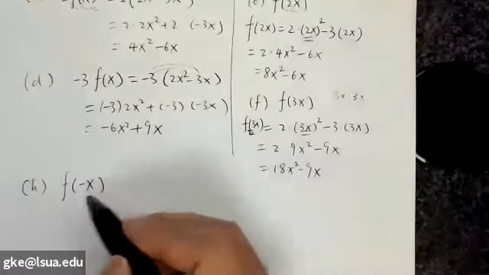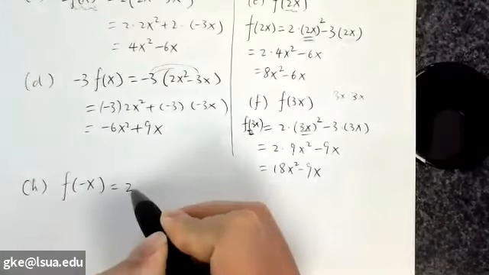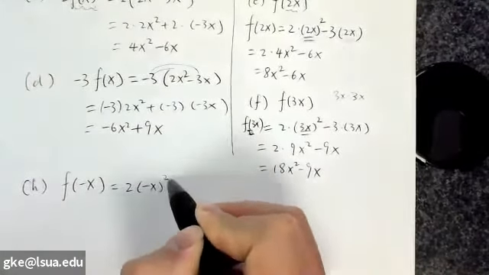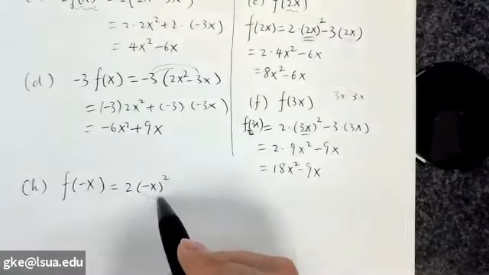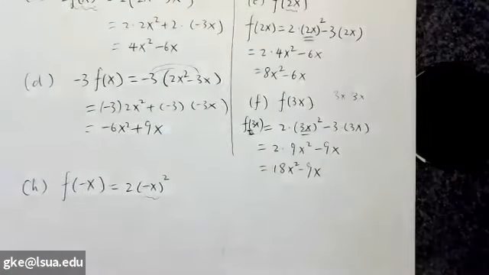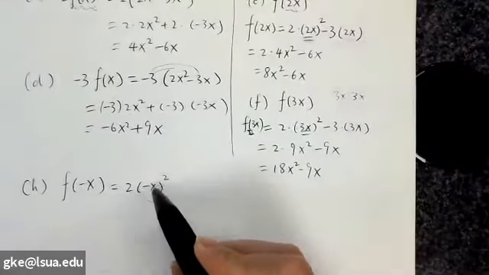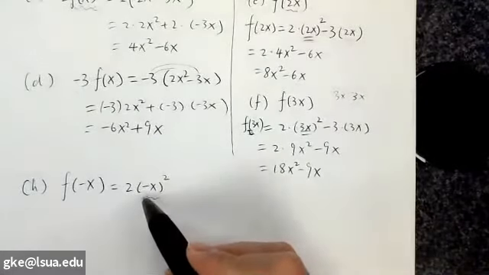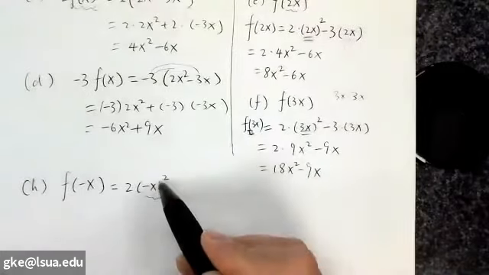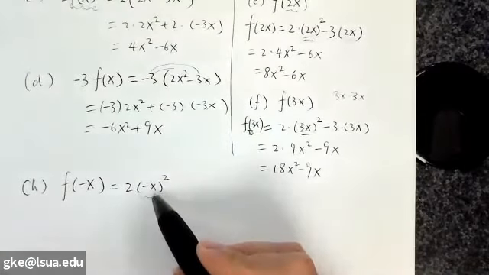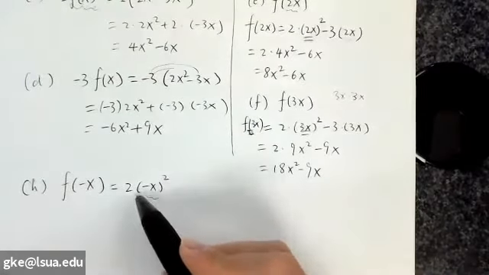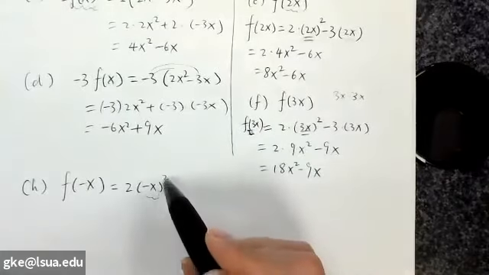So we're going to get 2 times (negative x) squared. When you plug in negative x, always use the parentheses. Using parentheses means the whole expression.